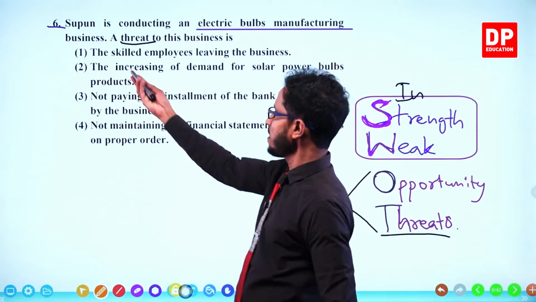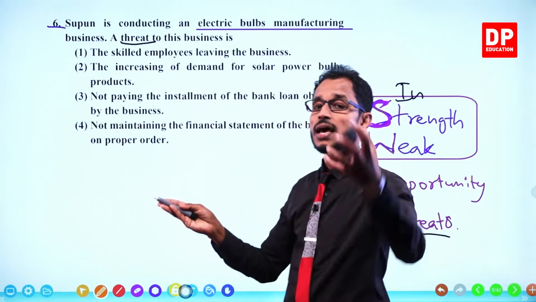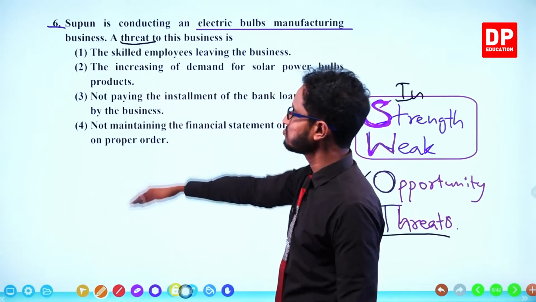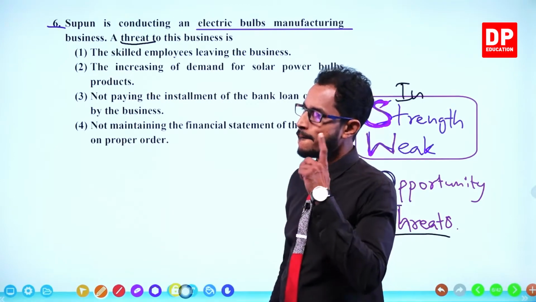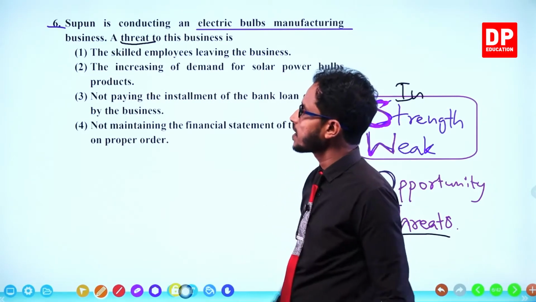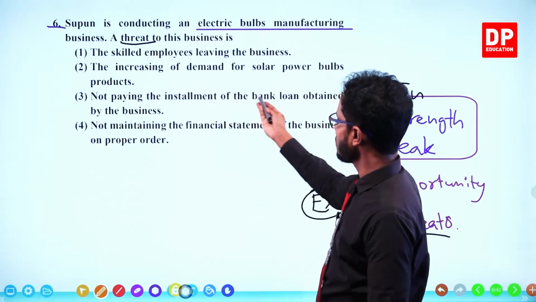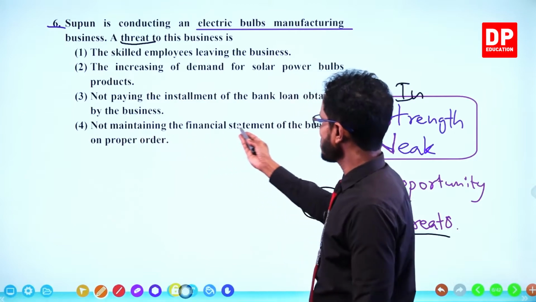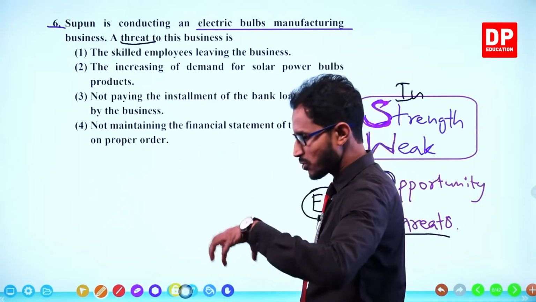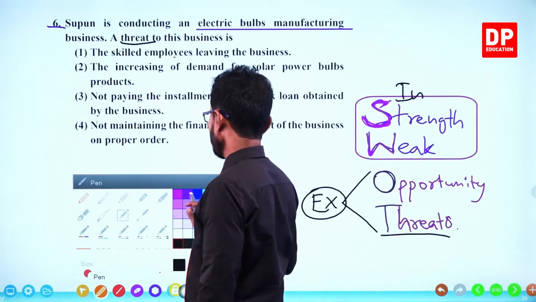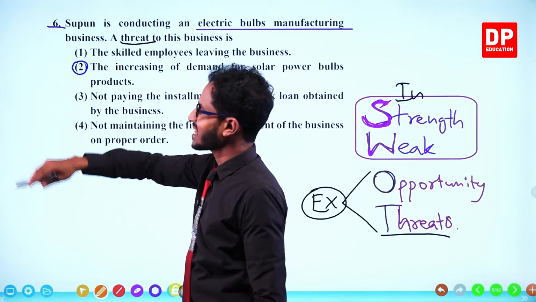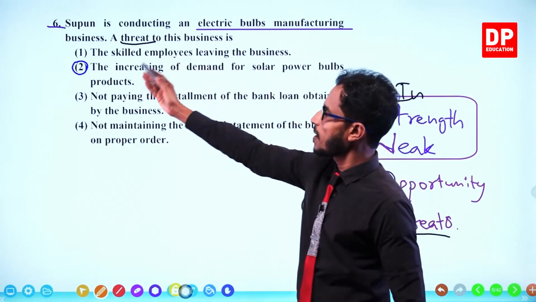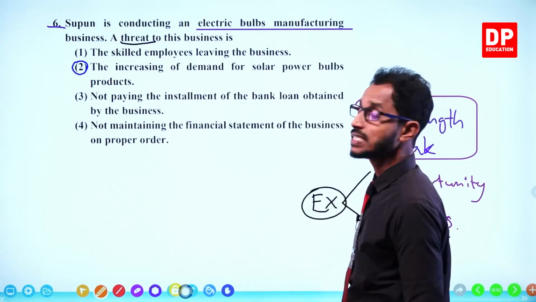Skilled employees leaving the business is happening inside the business. Increasing of demand for solar power bulbs seems okay. Not paying the installment of the bank loan obtained by the business is also inside the business. Not maintaining the financial statements properly is also internal. The only external factor we can find is increasing demand for solar power bulbs in the society. That is the threat.